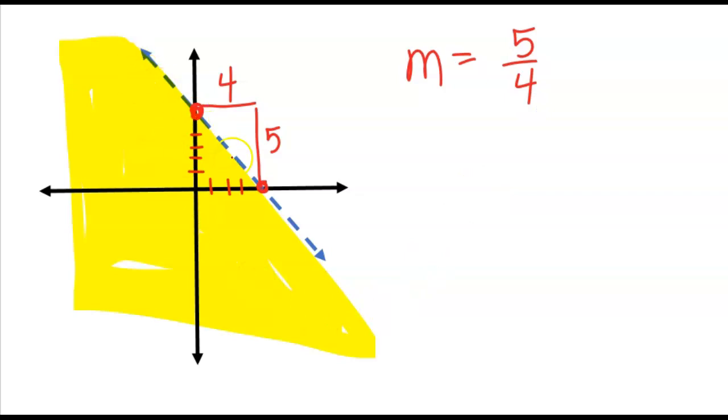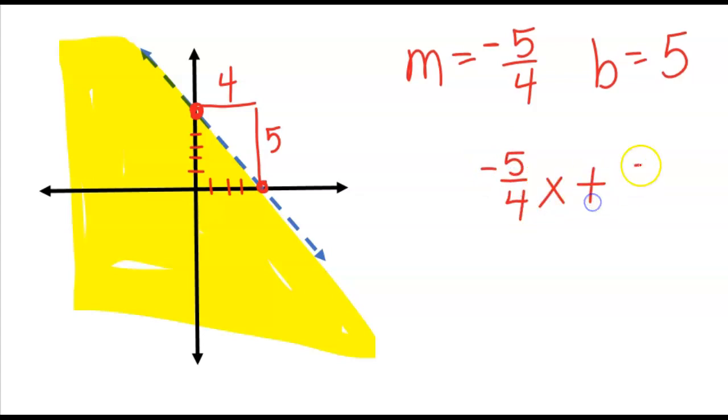But this line is a negative line. Do you see it going down? And the y-intercept is 1, 2, 3, 4, 5. So the equation, if it was an equation, would be y equals negative 5 over 4 x.